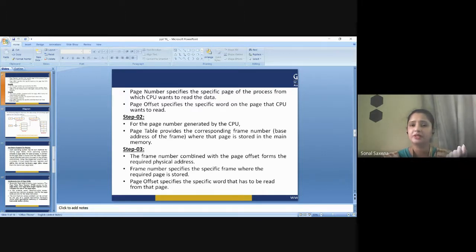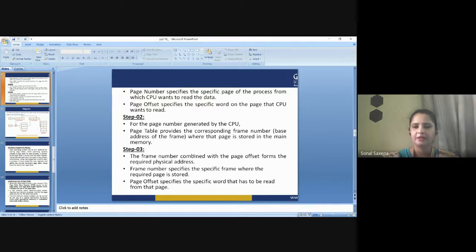Why base address? Because there could be a lot of frames. So it is going to give you the base address of the frame where that page is stored in the main memory. So the page table is an important data structure which is used to keep account of all the pages, at what locations and at what frame number they are stored inside your main memory.